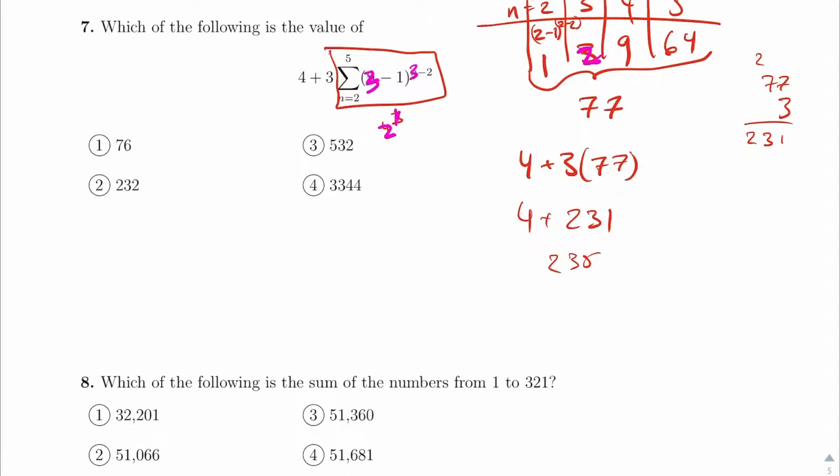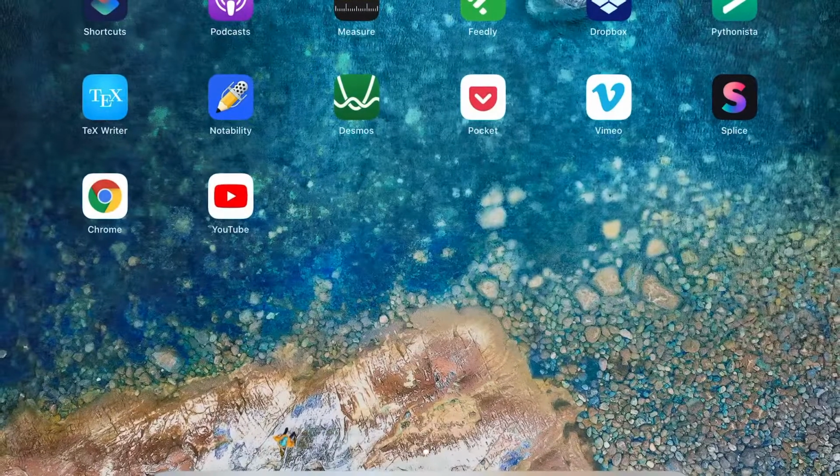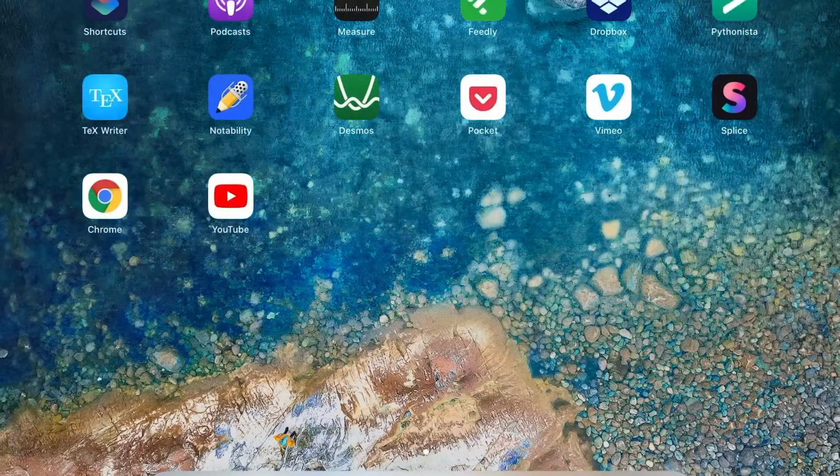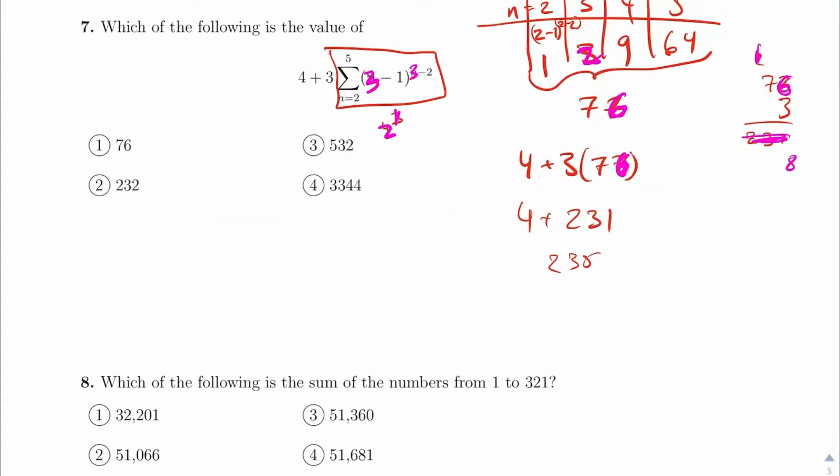That should be 2. So that changes things a little bit. This looks like it's 76. So 3 times 76 is, let's see, 8, 1, 228.